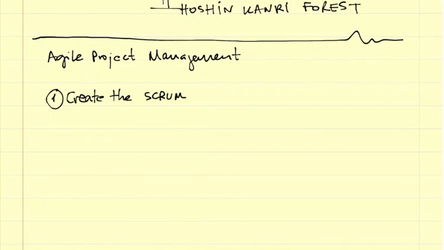The Scrum is the team, okay? With a low average path length and high clustering coefficient.